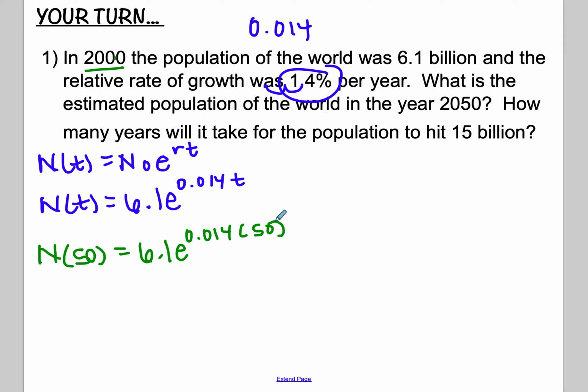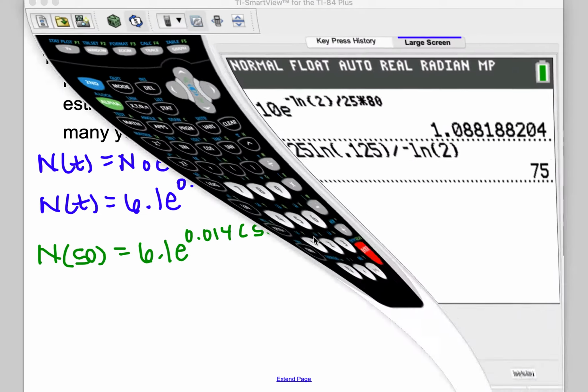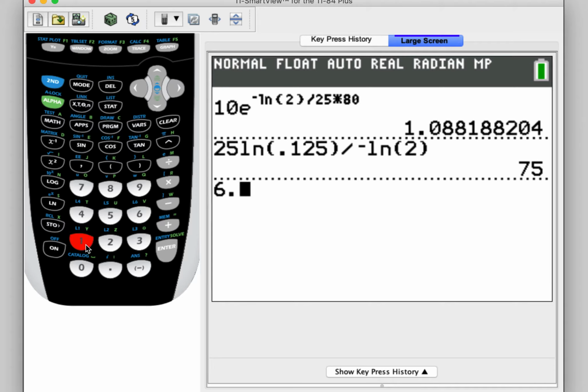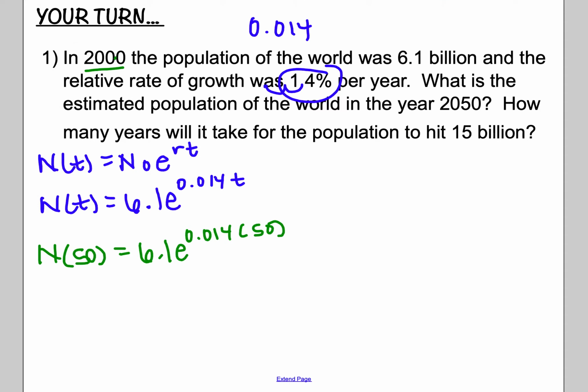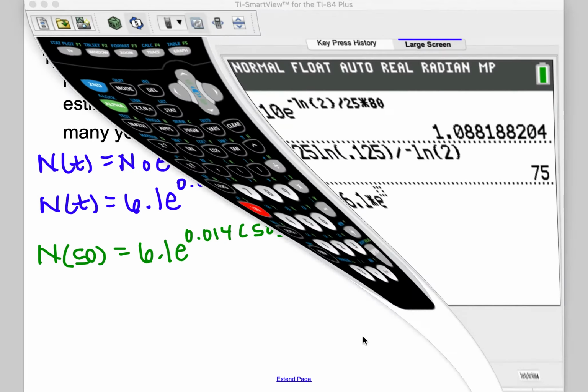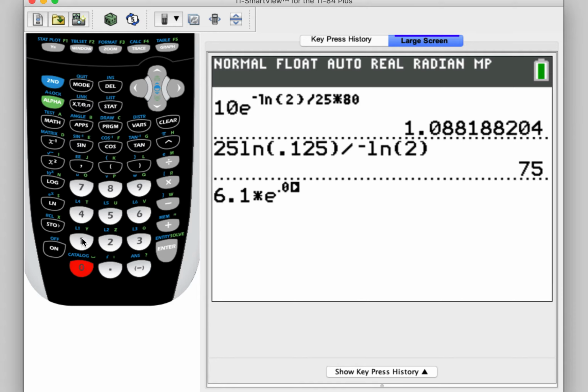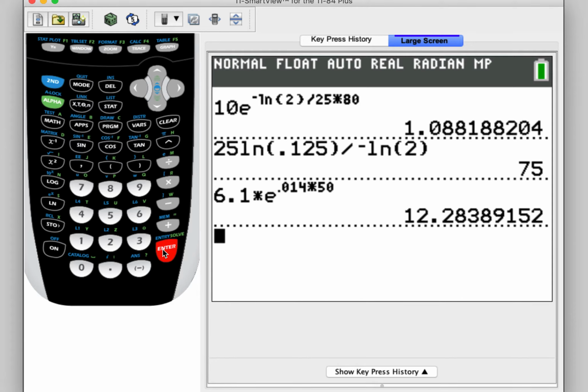And I would go ahead and type that into my calculator. 6.1 times e to the 0.014 times 50.